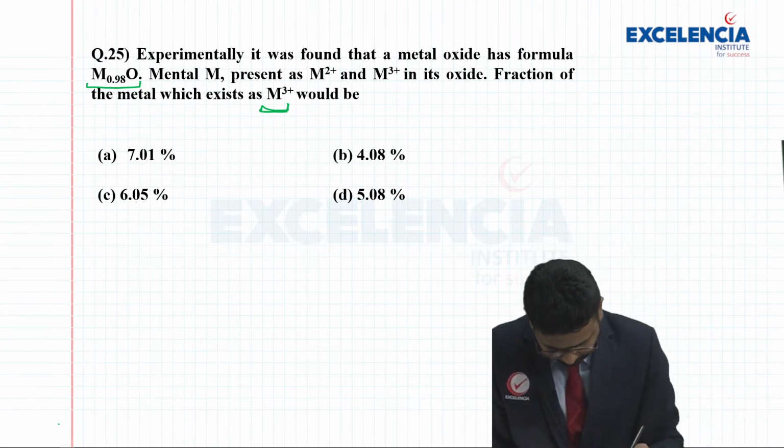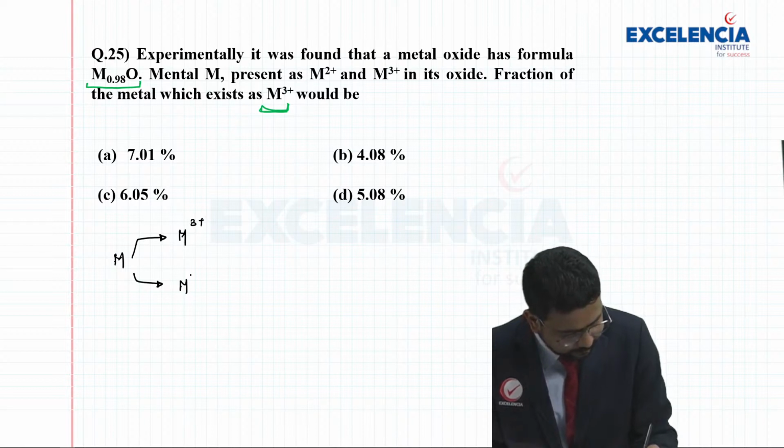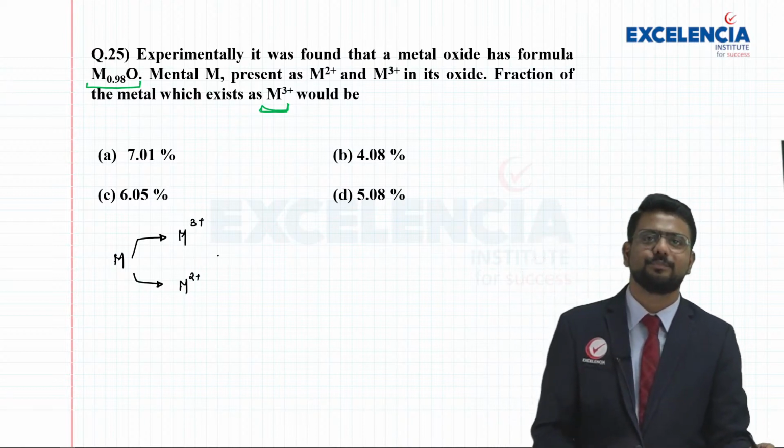So let us first of all write here, the metal is existing as, let's suppose, M3+ and M2+, okay?